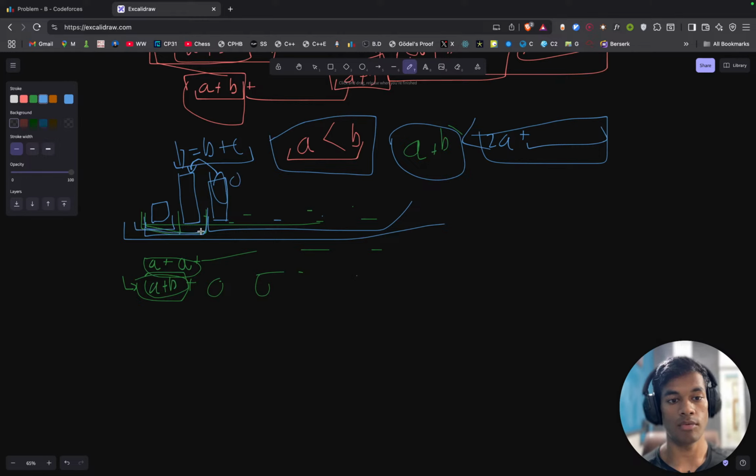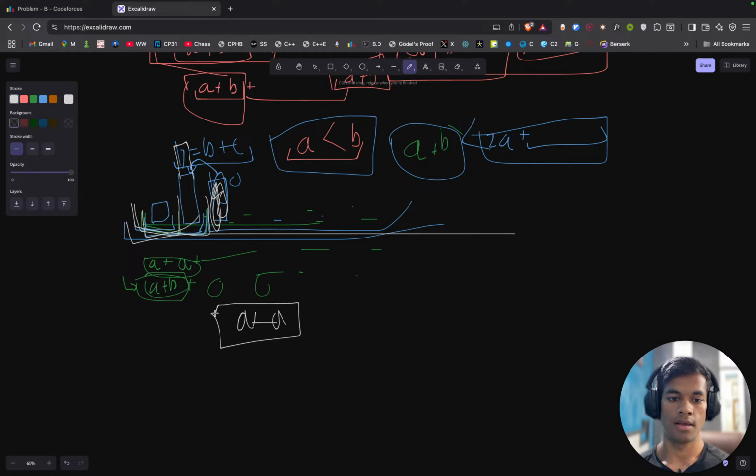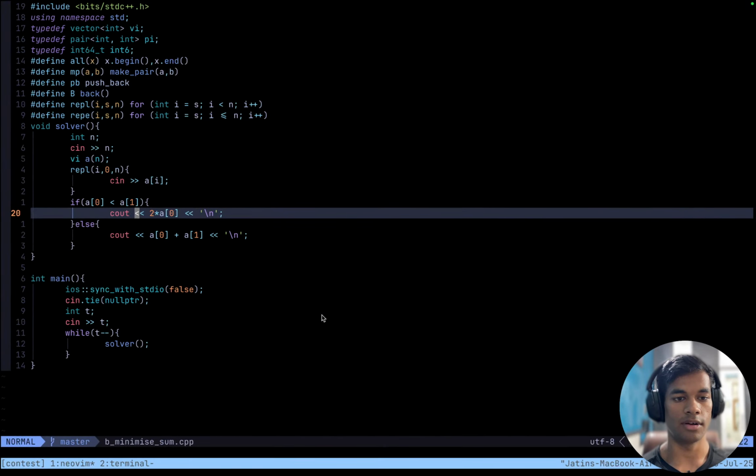So the minimum of this would be A, the minimum of these two would be A, even though its height has increased, and this is 0, this is nothing. And then the minimum would always be 0. So at least I am getting A plus A, that is the minimum sum that I can get, and that is what I return, 2 into A.